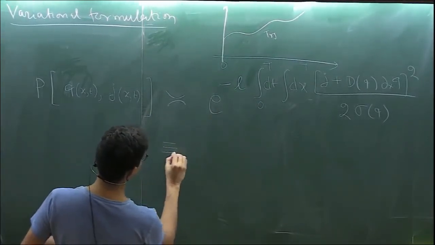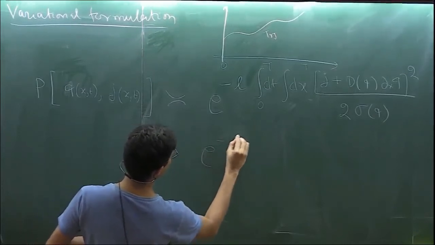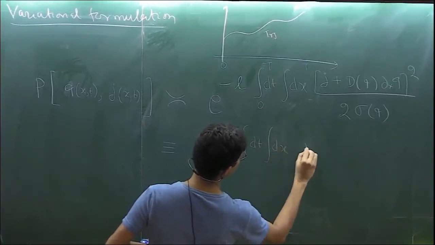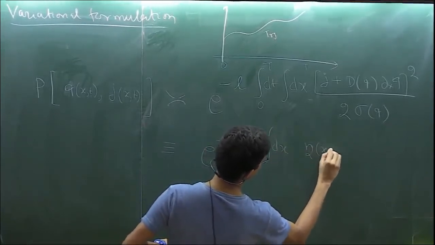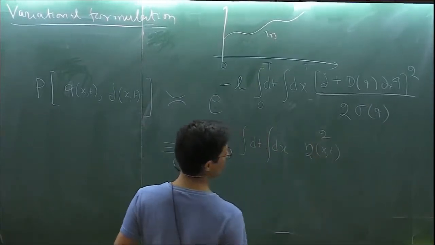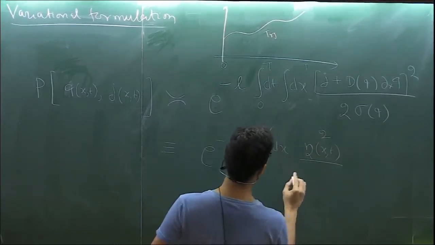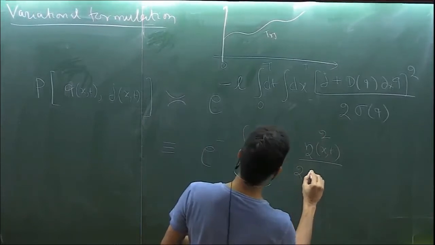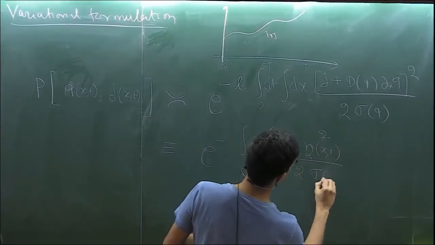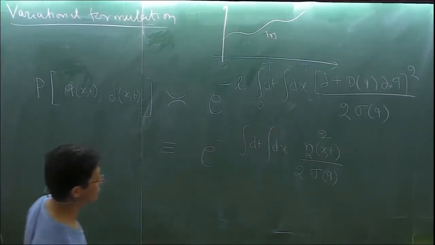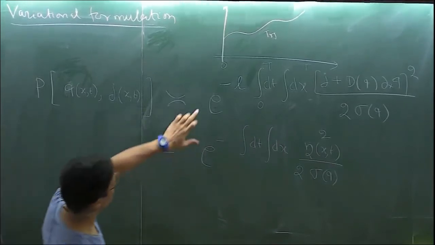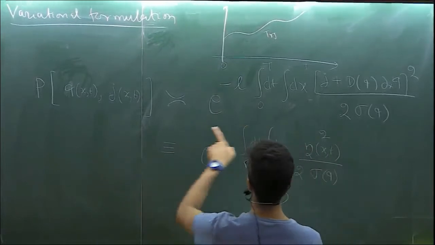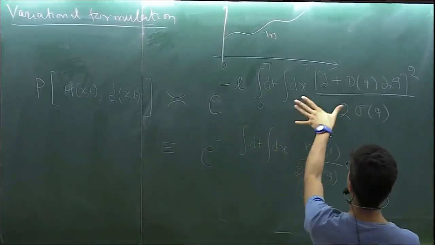So let's just write down here. The probability would have been e to the power minus, the integral dt dx eta(x,t) whole square, with the variance in the denominator, twice sigma q. And from there onwards, I just rewrote this, and you would see that from that equation, your probability of each trajectory would simply be this.